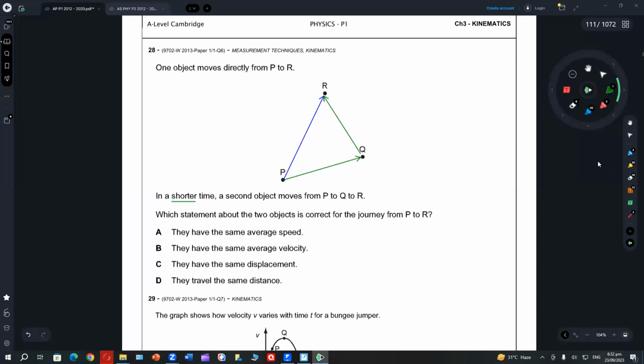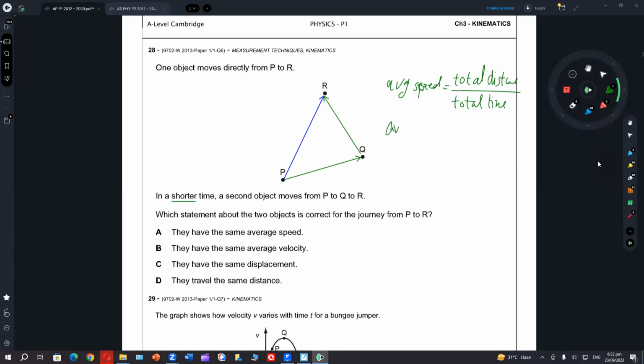Same average speed. Average speed is total distance upon total time. I've written the formula.